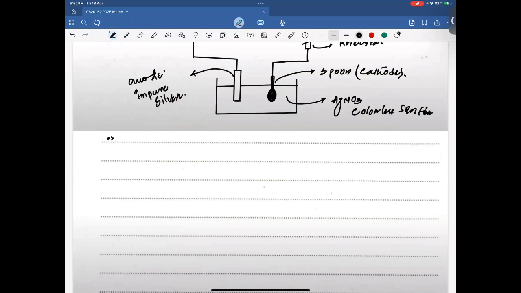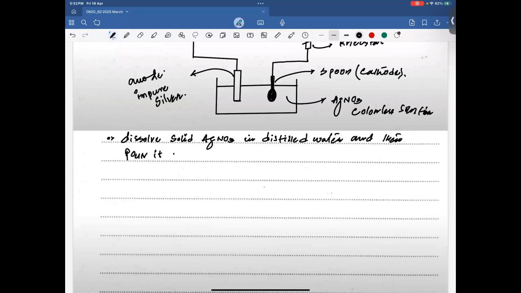First of all, dissolve solid silver nitrate in distilled water. And then pour it in the electrolytic cell.